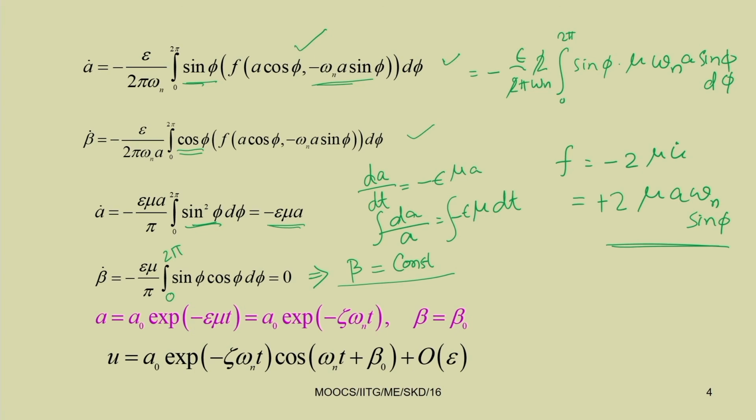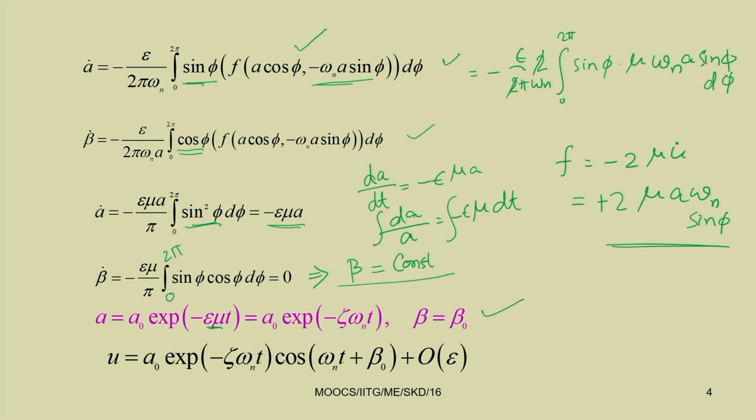So, A will be equal to e to the power minus epsilon mu t. Now substituting epsilon mu in terms of zeta omega n, we can write this equation A equal to A 0 e to the power minus zeta omega n t and beta equal to beta 0.